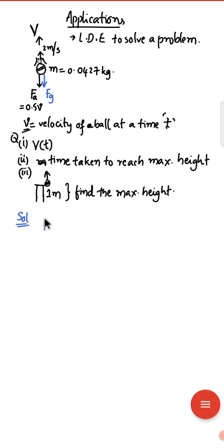Fa is given, that is 0.5 v, and by Newton's law of motion, what we know is force is equal to m into a, that is mass into acceleration. We already went through such physical equations.